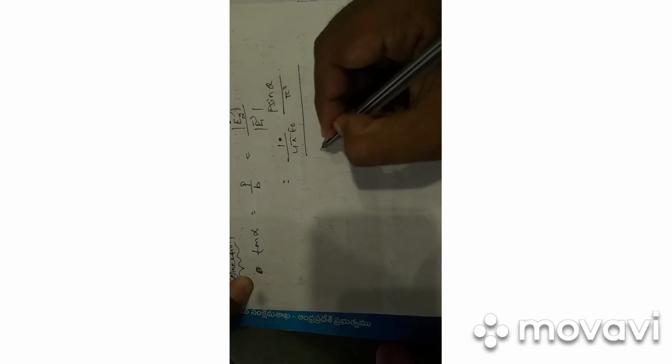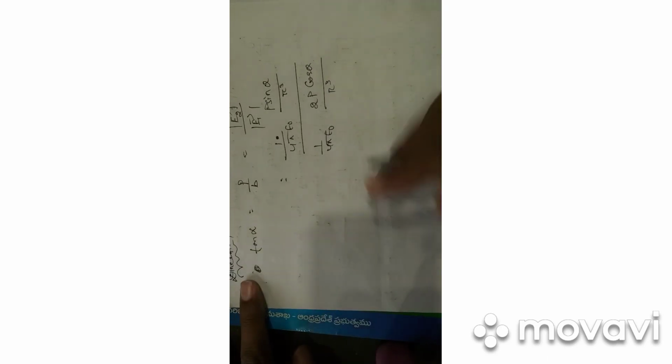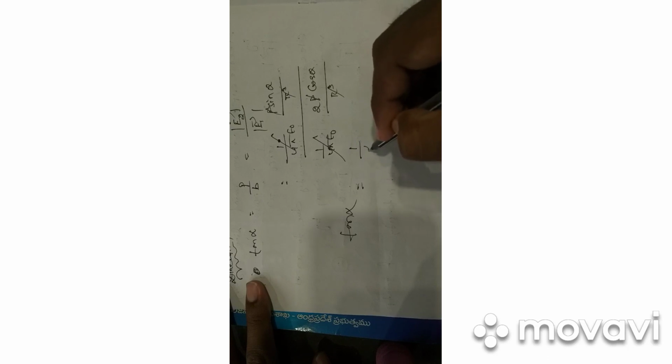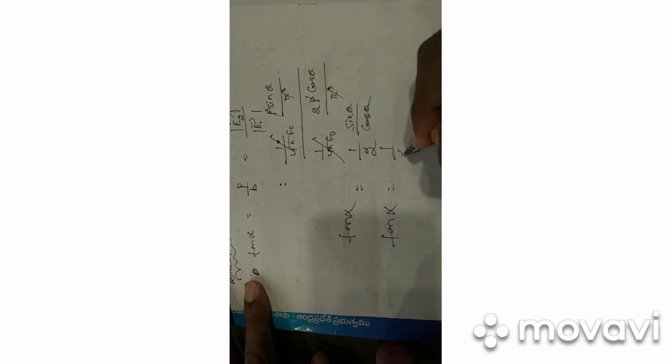So we write tan alpha equals E2 by E1, that is, the magnitude of the vector E2 by the magnitude of the vector E1, which means 1 by 4 pi epsilon 0 p sin theta by r cube divided by 1 by 4 pi epsilon 0 2p cos theta by r cube. Here 1 by 4 pi epsilon 0 cancels out, p cancels out, r cube cancels out, so tan alpha equals half sin theta by cos theta, which means tan alpha equals half tan theta.